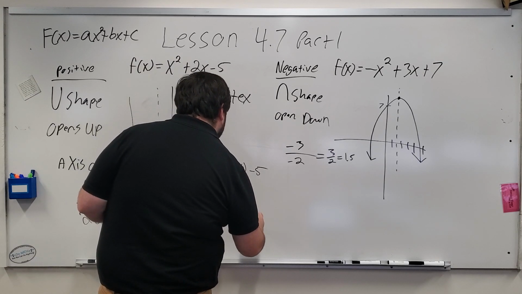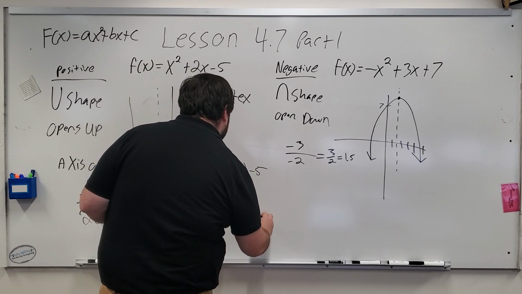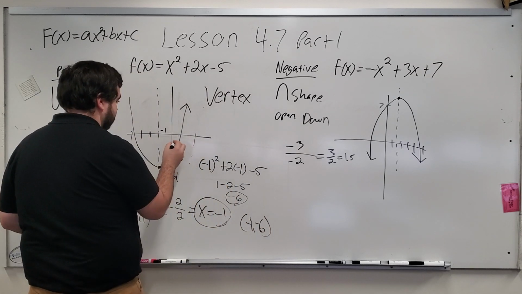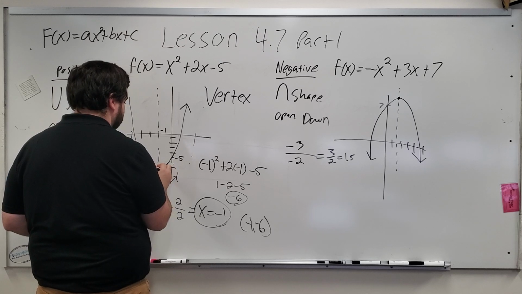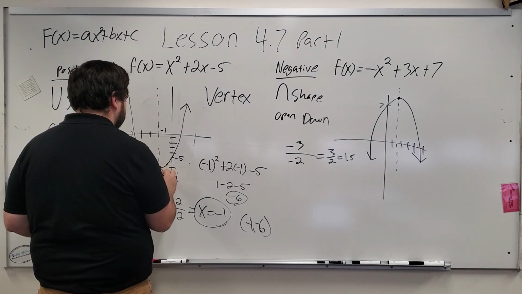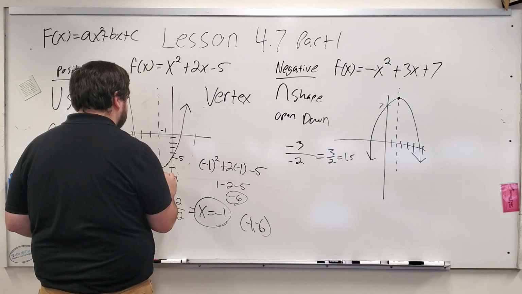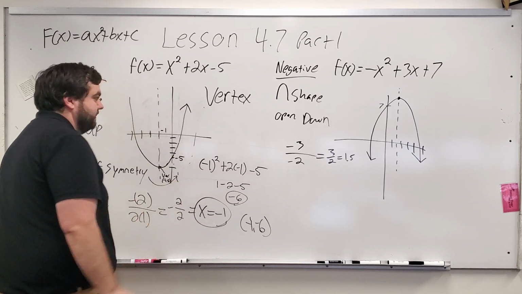Right? So my vertex is at negative 1, negative 6. 1, 2, 3, 4, 5, 6. And that's right here. So this is my vertex, and it is at negative 1, negative 6.